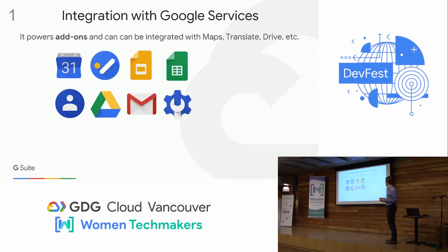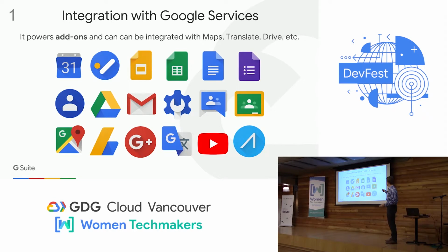So a couple things: AppScript powers add-ons. These are sidebars and different extensions to G Suite that can also be integrated with other services like Maps, Translate, and Drive. So not just your G Suite, but all these other services too.